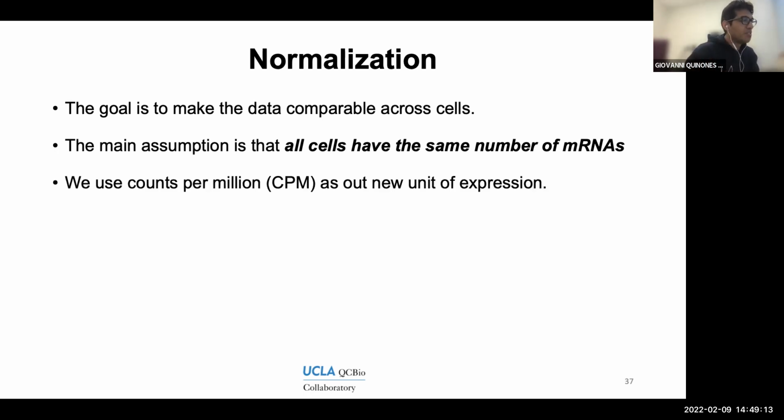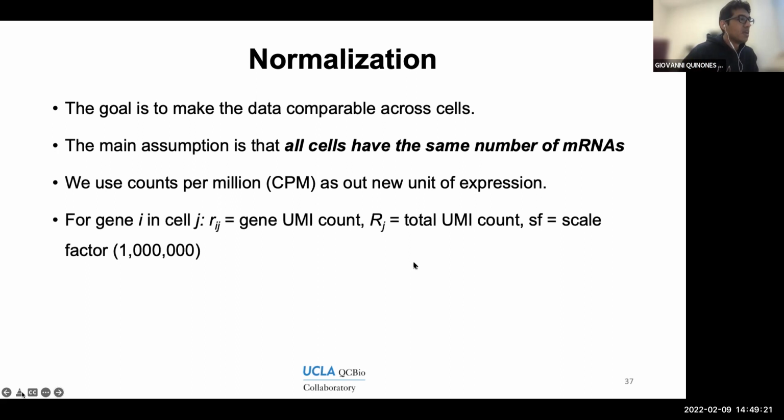The way we do this is by converting our count data to a new unit called counts per million, and the way we convert this data is pretty straightforward. It's given by this formula. The counts per million for gene i in cell j is given by the RNA count assigned to gene i in cell j, divided by the total RNA count or UMI count present in cell j.